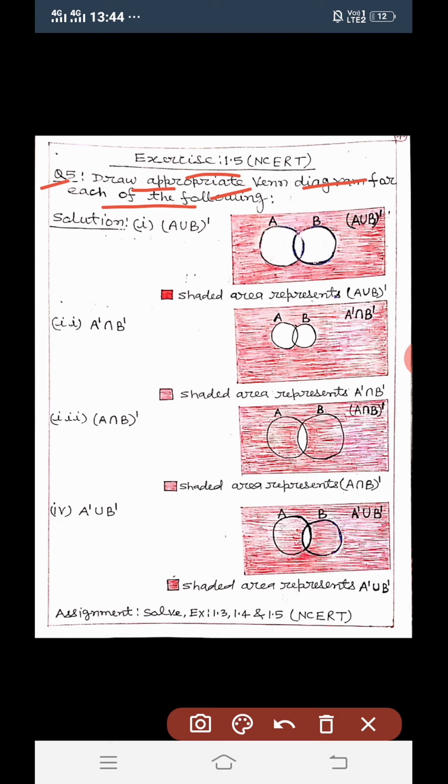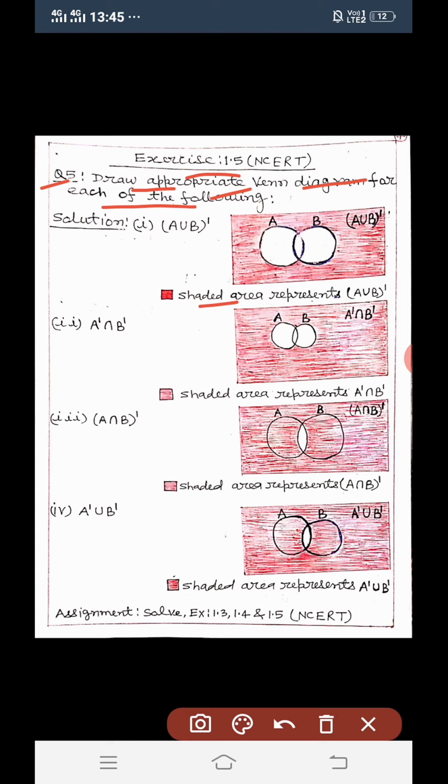Then the Venn diagram for A union B whole complement and A complement intersection B complement will be the same. Here the shaded area in figure first and figure second represents A union B whole complement and A complement intersection B complement.